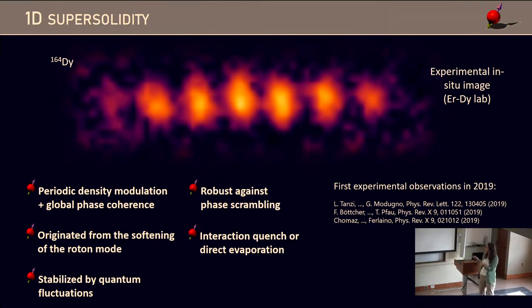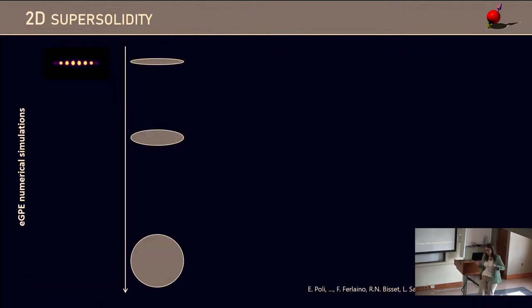And so then the question was, how scalable is this system? Because the first supersolid was in 1 dimension. The first intuitive way to scale the system from a 1D chain to something that has a 2-dimensional structure is to release the trap confinement along the transverse direction, such that the system can develop a transverse structure.